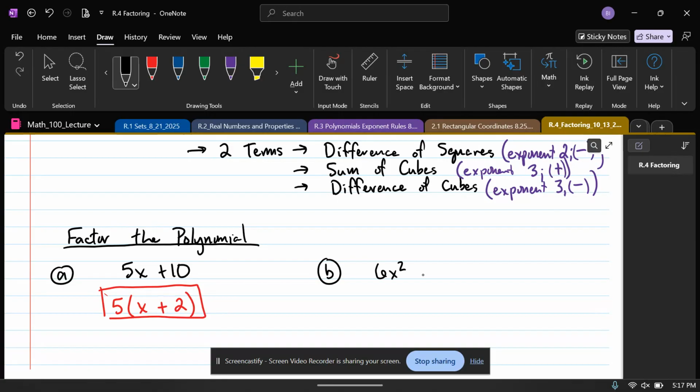6x squared plus 8x. So this one, we have to think a little bit more about descending order. We've got an x squared in the front, then a plain x. That's the biggest one, then the smaller one, so that's in order. Then I always look for the GCF, the greatest common factor, first.